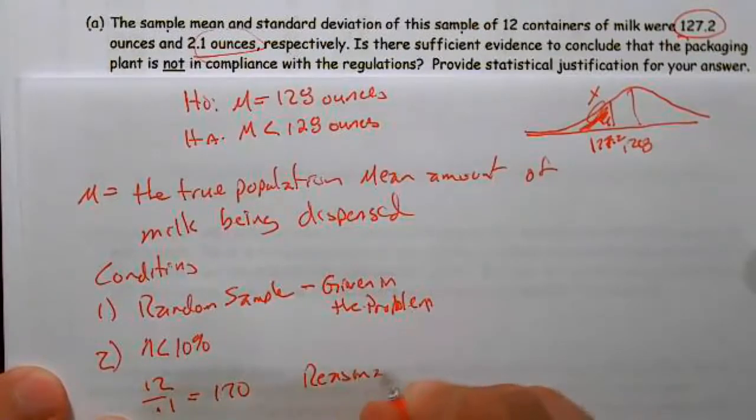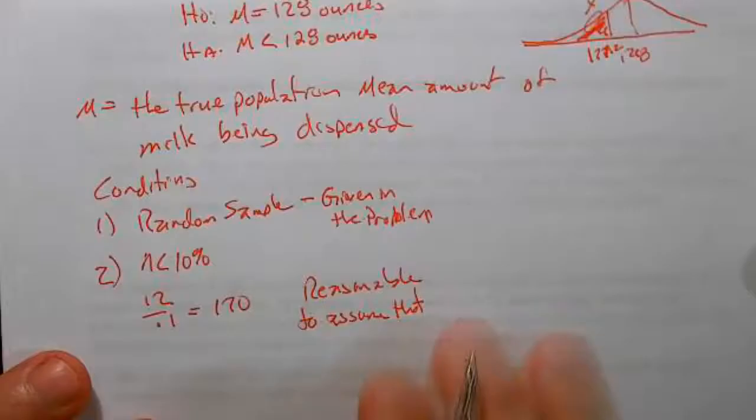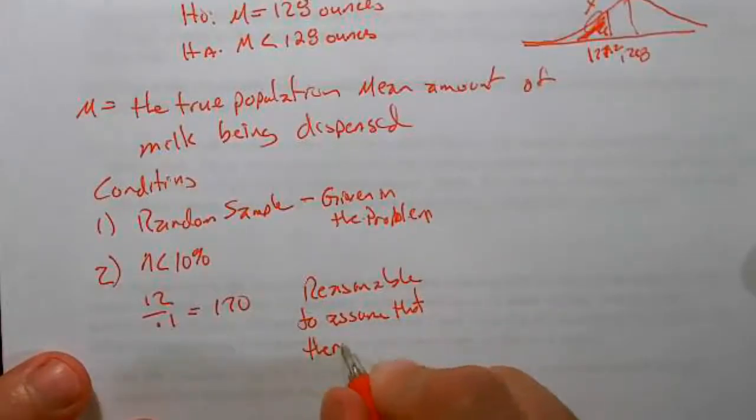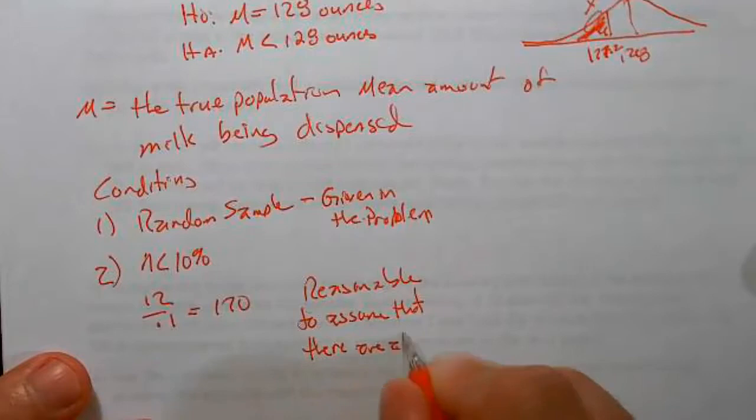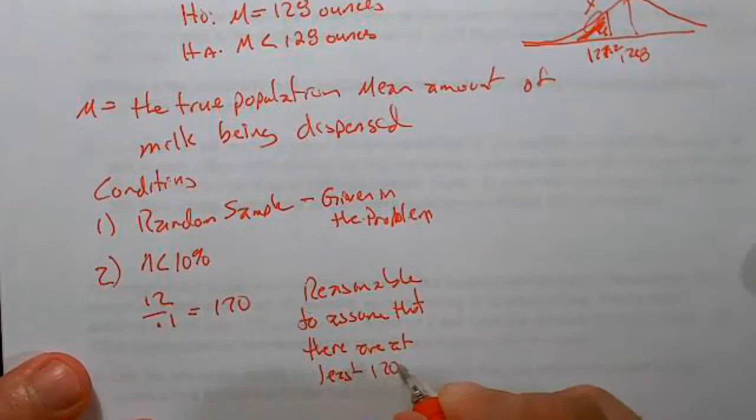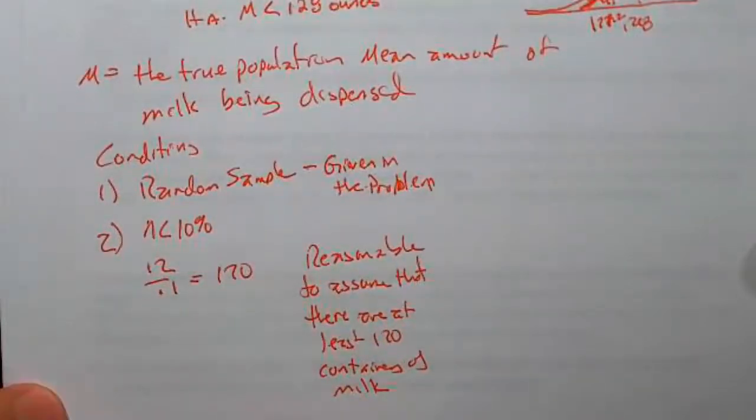Reasonable to assume that there are at least 120 containers of milk. Third one, they made it easy for us. Normality given in the problem.